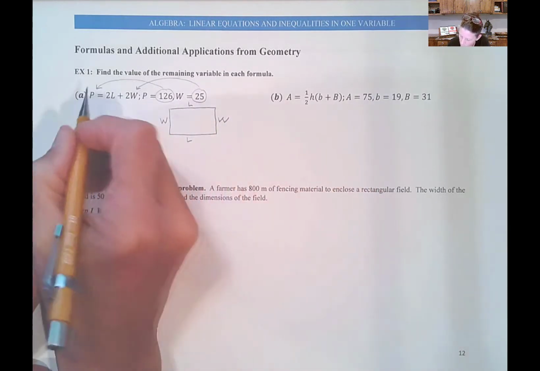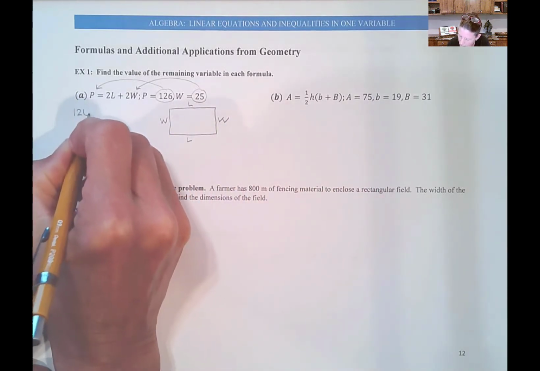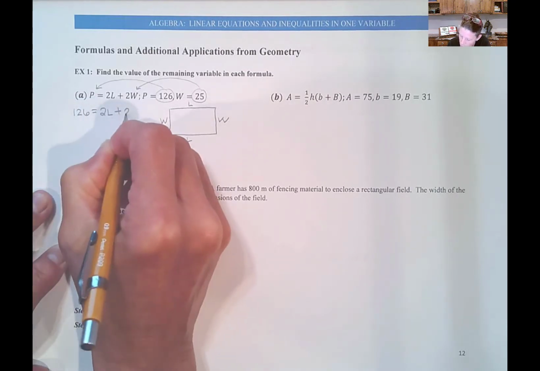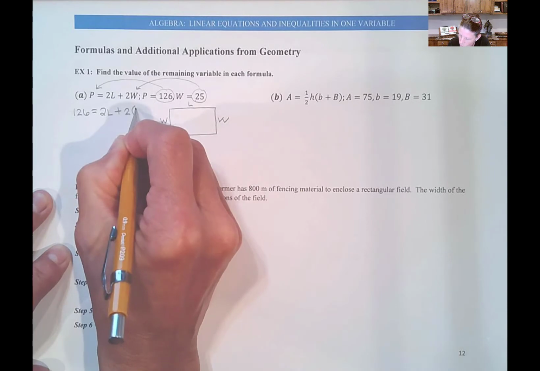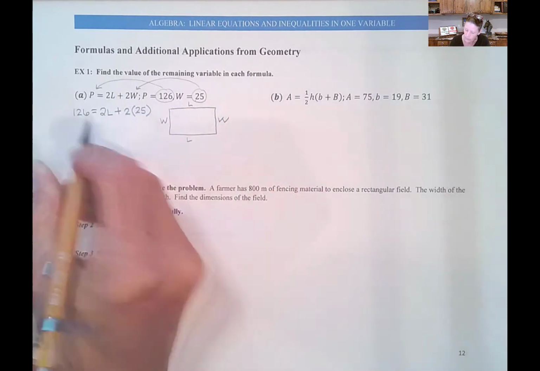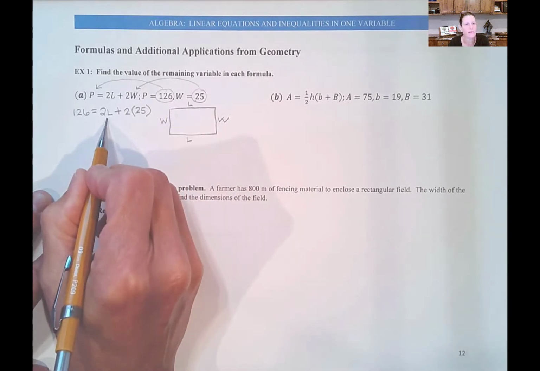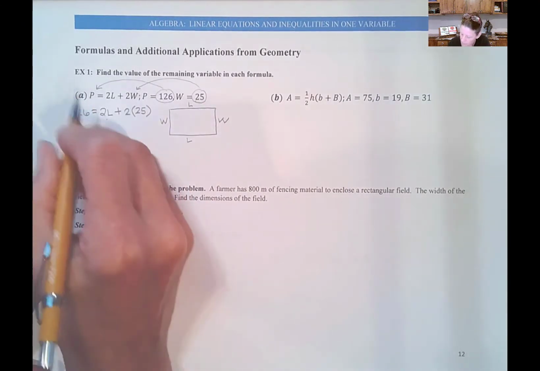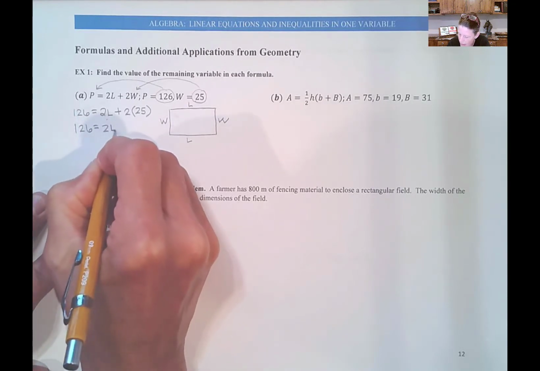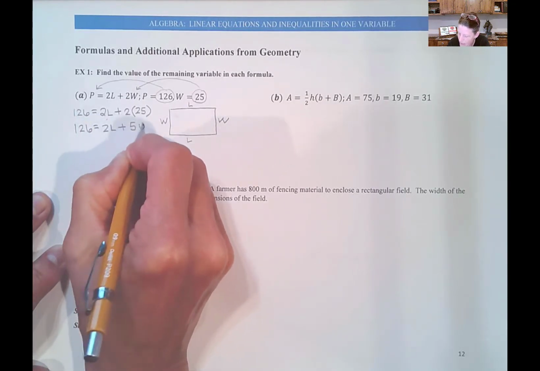Here we go. 126 is equal to 2 times the length plus 2 times the width, or 2 times 25. And here we're just going to then solve for L, the length. 126 is 2L plus 50.